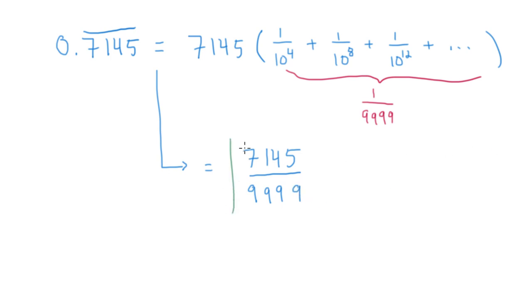So this is the fraction that if I actually do the division and figure out what the decimal representation is, I'm going to get exactly 0.7145 repeating.